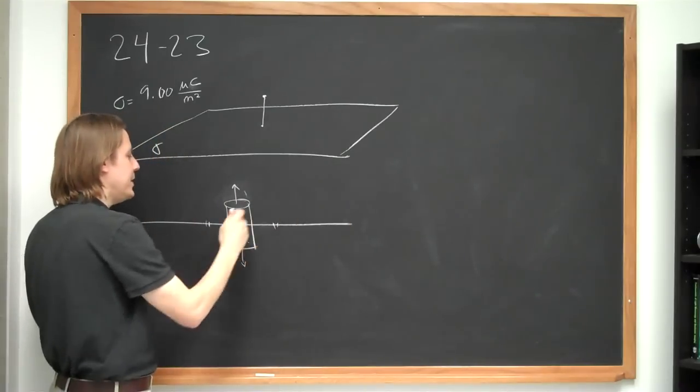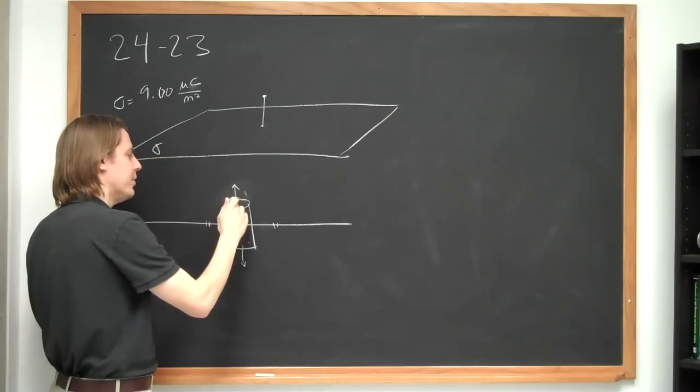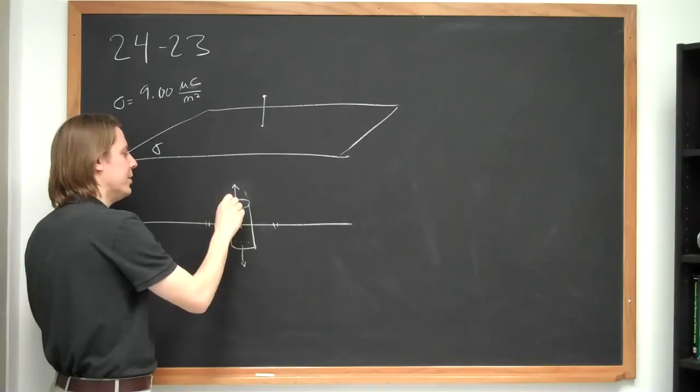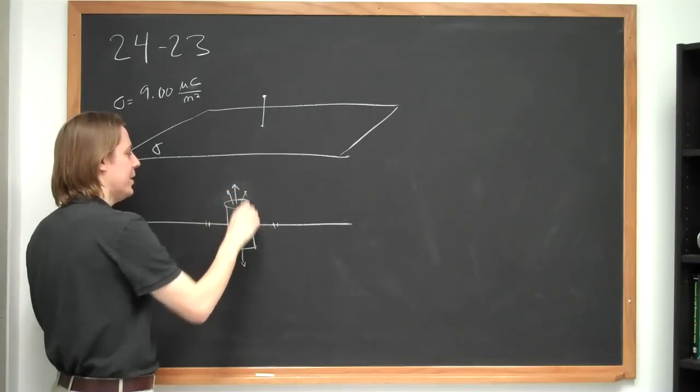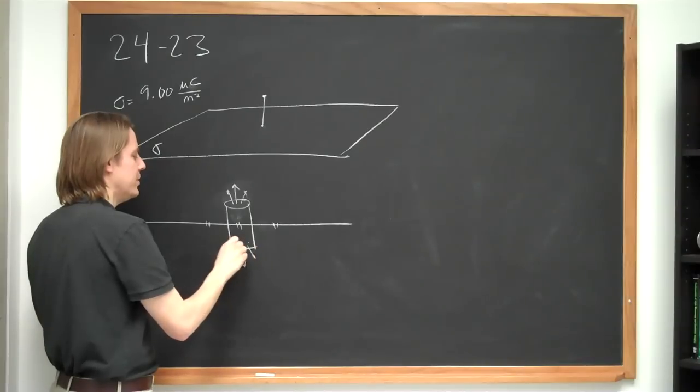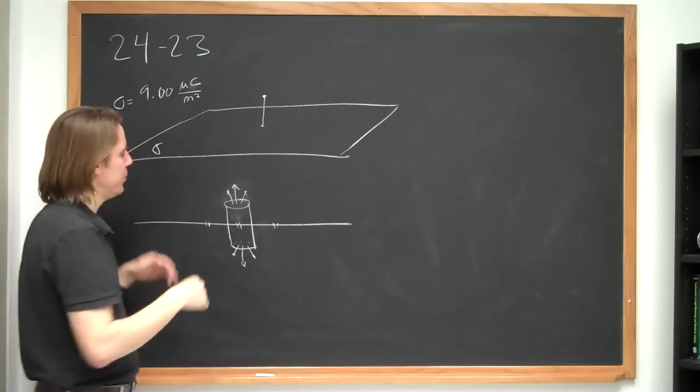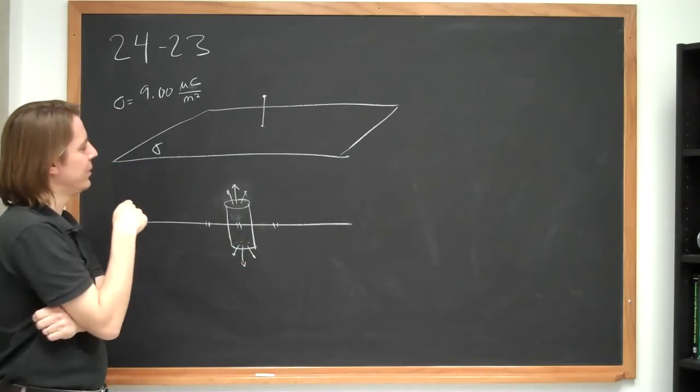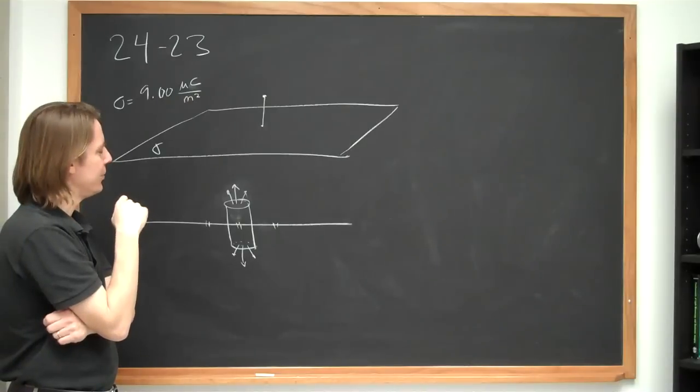But since it's a finite sheet, as you go away from the center, it does bend over a little bit towards the edges. And the magnitude will change a little bit as you get different distances away from the surface.